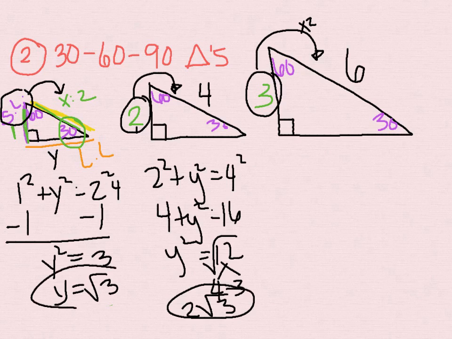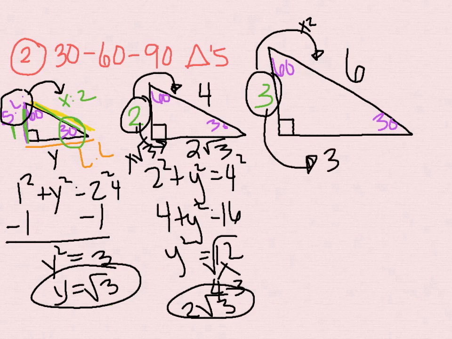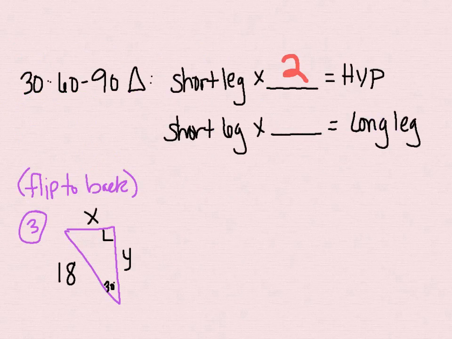So look what's happening here. Instead of multiplying by the square root of 2 in order to get to the long leg, I'm going to times by the square root of 3. 2 square root of 3. So in order to get to the long leg here, it'll be 3 square root of 3. So let's fill in this blank now. Short leg times the square root of 3 will give you the long leg.